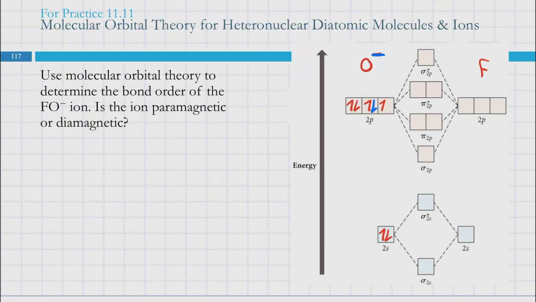Fluorine normally has 7. Also, that's just its electron configuration. So there's our starting points.